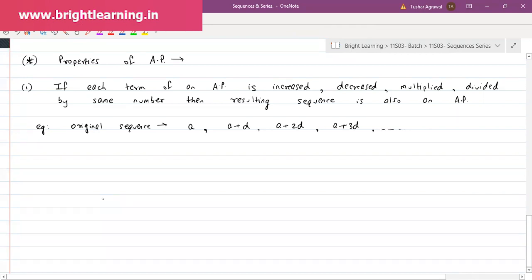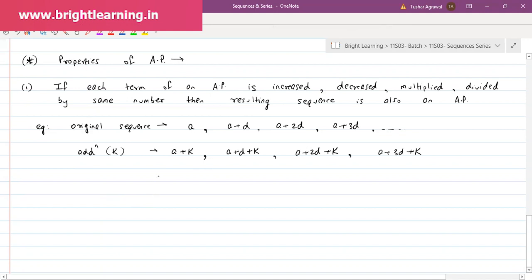Suppose I add a particular constant K to all of them. The first term becomes A plus K, the second term becomes A plus D plus K, the third term becomes A plus 2D plus K, and the fourth term is A plus 3D plus K.